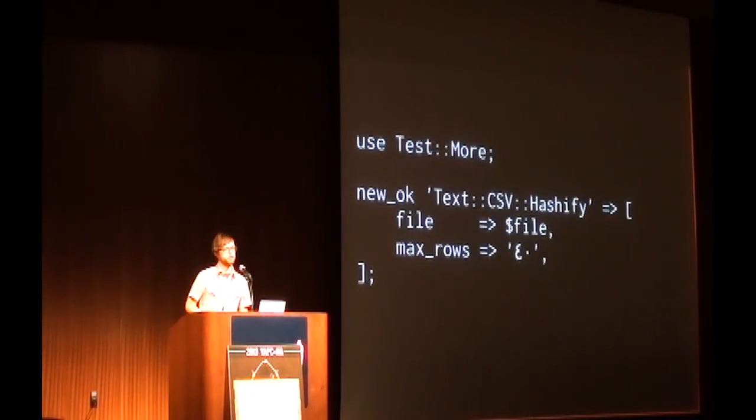And in addition to working in your source code for your applications and scripts and such, it's also really important to test the Unicode functionality, or the lack of Unicode functionality, in your tests. Here is code that, let's see, Jim Keenan has this module, Text::CSV::Hashify, and he came to me and asked, well, am I following the rules for Unicode?